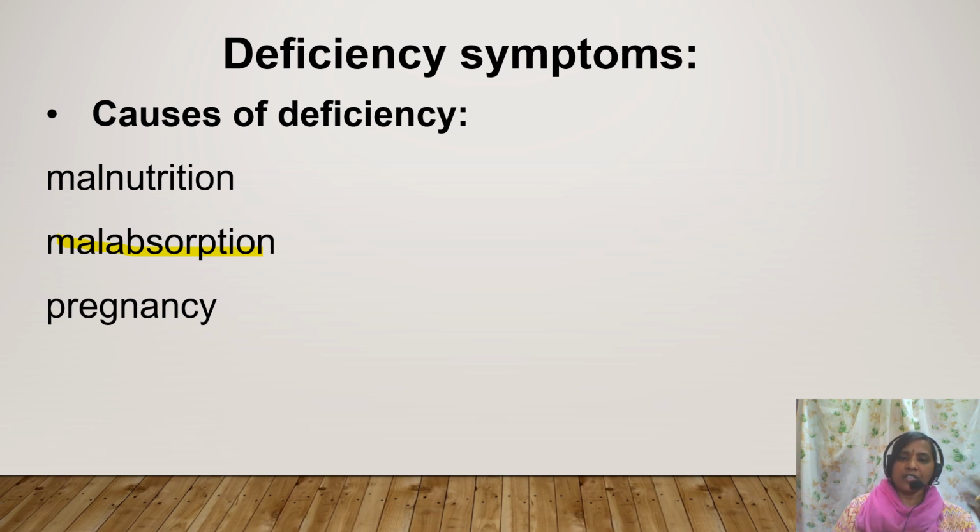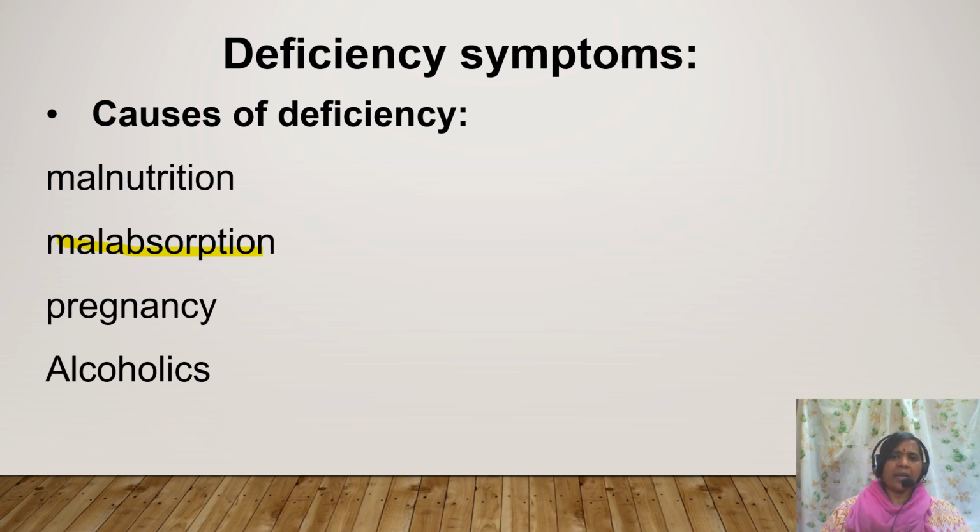So if you are consuming more protein and not enough of this vitamin, then deficiency symptoms can be observed. And in the case of alcoholics, people who are heavy drinkers, deficiency is also observed, because alcohol interferes with the absorption of the vitamin pyridoxine.